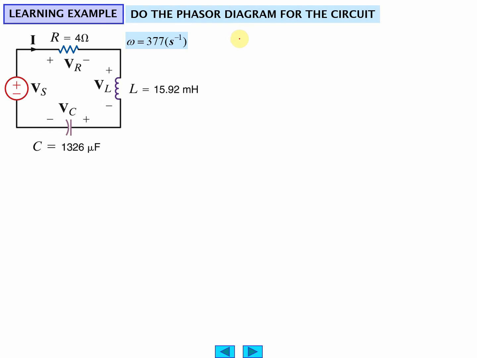So we have the voltage, Vs, and we have a series circuit. So does it make sense to think of current as the reference or voltage as the reference? V equals I times the impedance. So I'm going to take voltage as the reference.